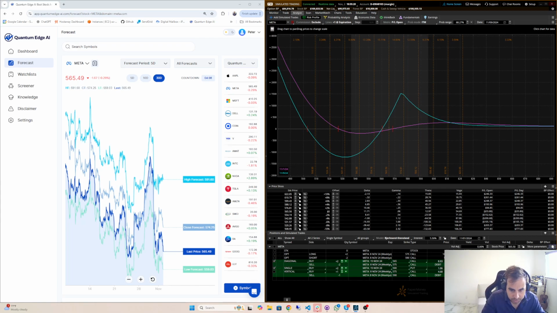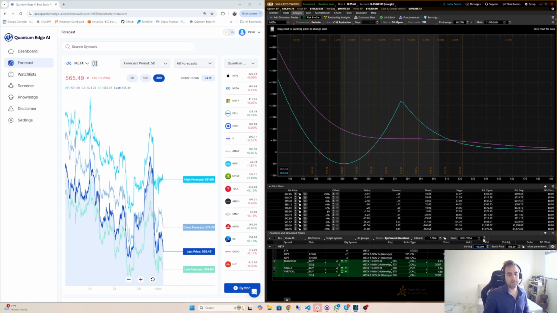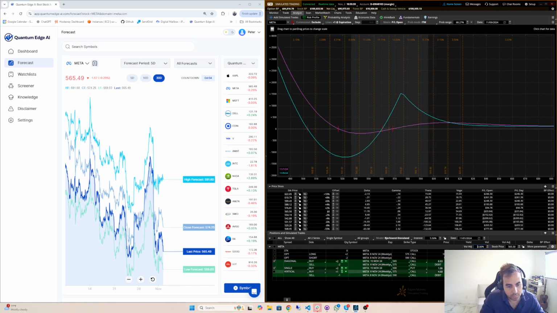Now, we can do another thing here, and we can adjust the volatility and say, well, in the event that volatility increases 10%, what happens? Disregard this, it says negative 33.84, but it's not true. In the event of an implied volatility increase of 10%, you're actually going to be making $572 on this position.